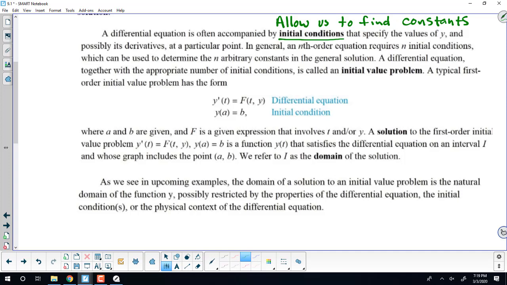If you have one derivative, you have one constant. If you're given a second derivative equation, you've got 2 constants ultimately that you have to find, and so forth.